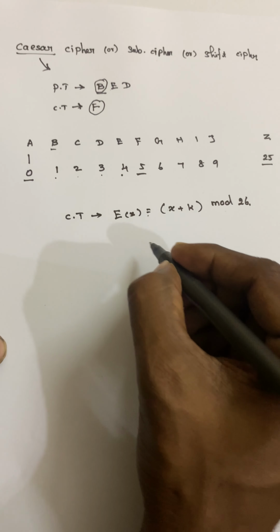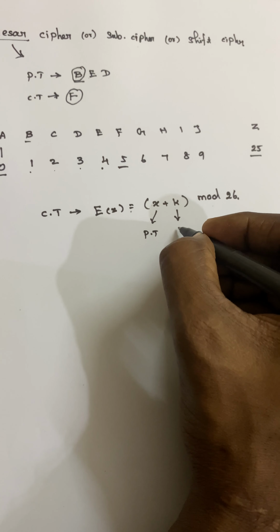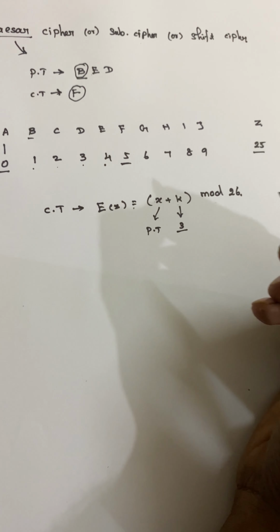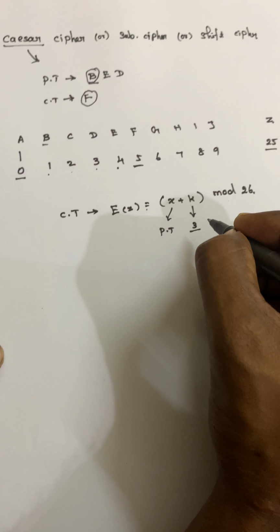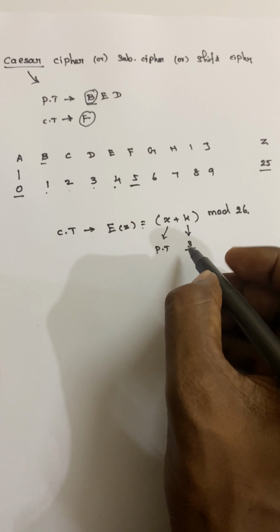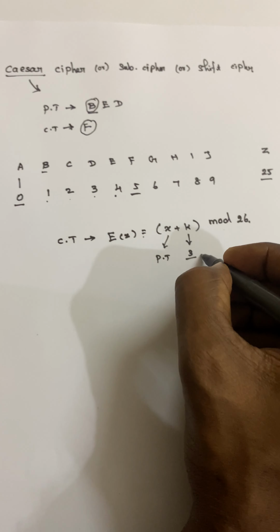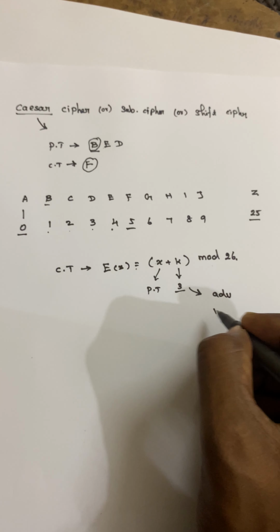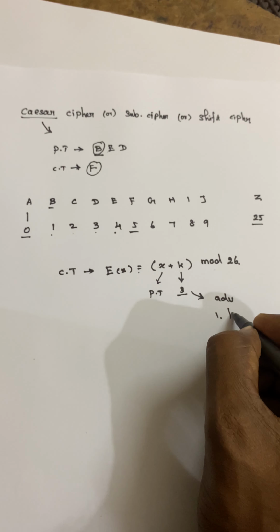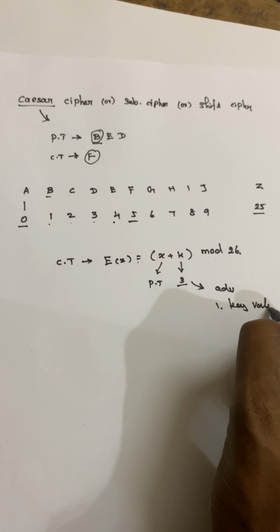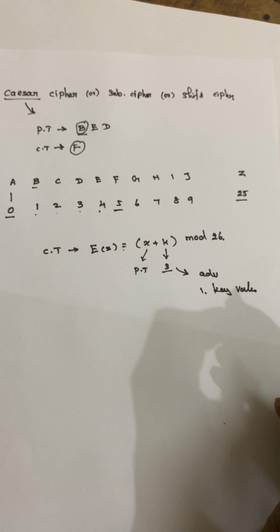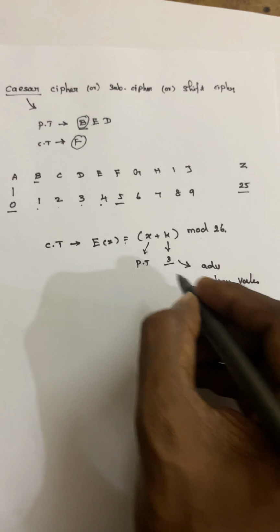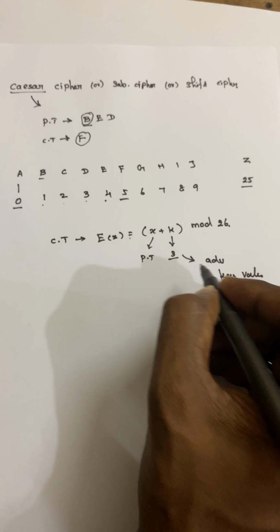Here x indicates the plain text and k indicates the key, which is usually 3 in the Caesar cipher. Basically this is the first version. For the advantage, here we can change the key value. It may be 5, it may be 10, it may be 25. Anything can be used as a key value.